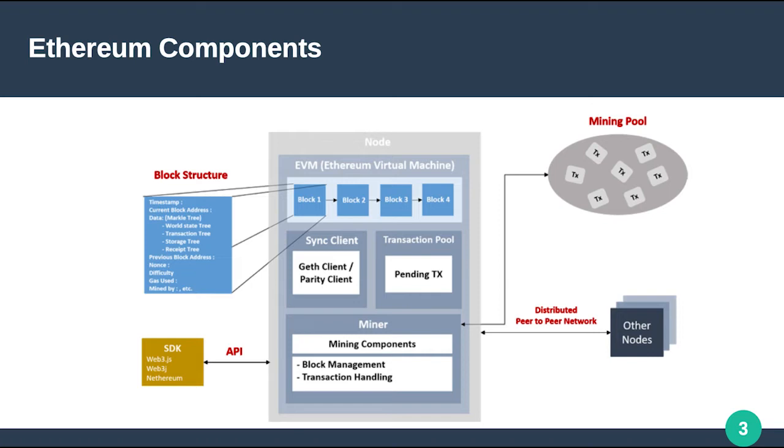It has a set of data and executable functions, so it comprises data and functions. These functions execute when Ethereum or EVM transactions get triggered with certain input parameters. Based on the input parameters, the function will execute and interact with data within or outside of the contract. We also have other concepts here, such as gas limits and the mining pool, etc. You can find more information about that in the paper.